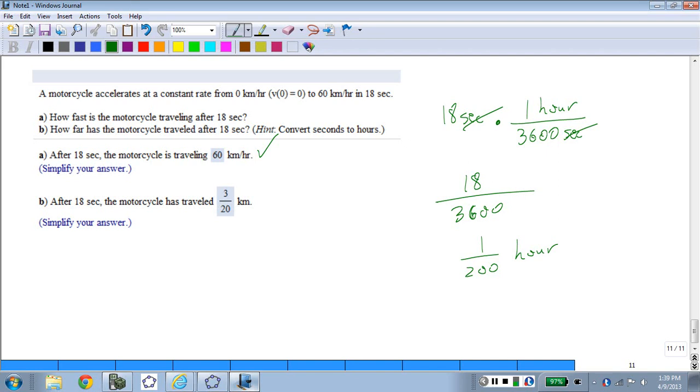What is the velocity function? Because we want to find the position. We need to integrate the velocity function for the position. So a of t equals, well, we're going from 0 to 60 in 18 seconds, so that's how many kilometers per hour per second?